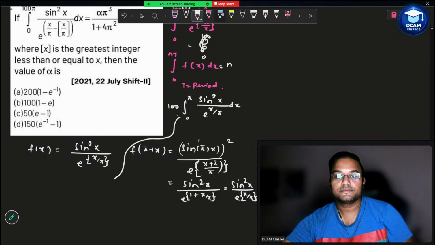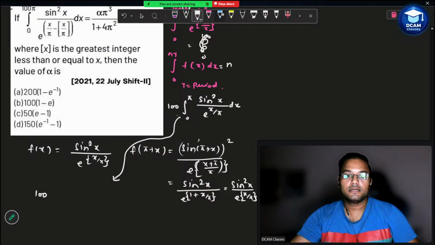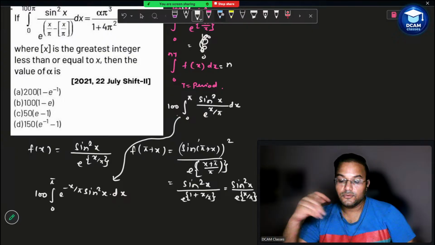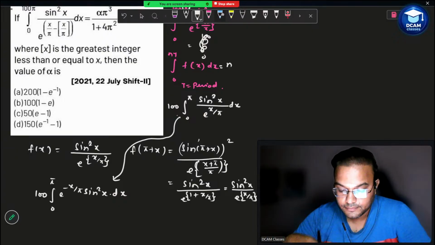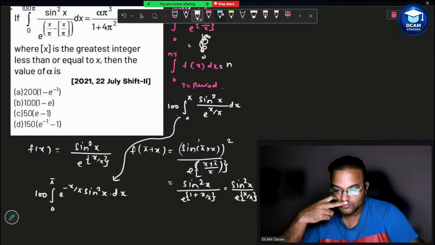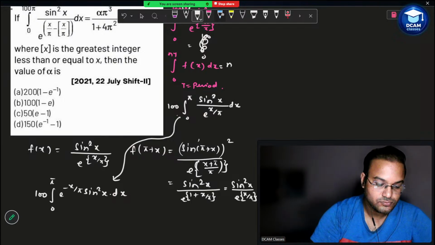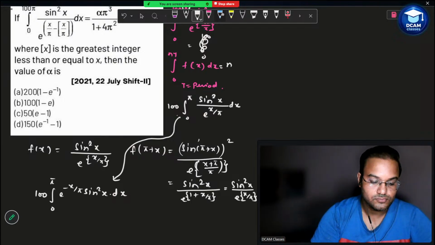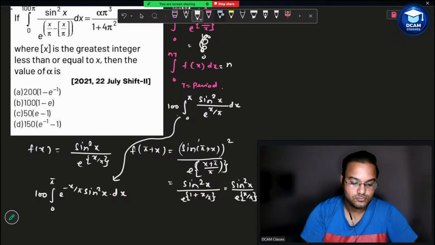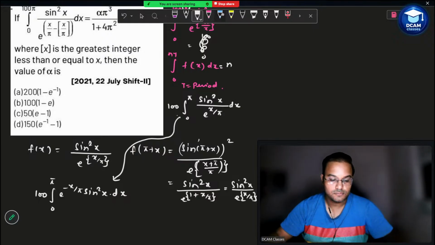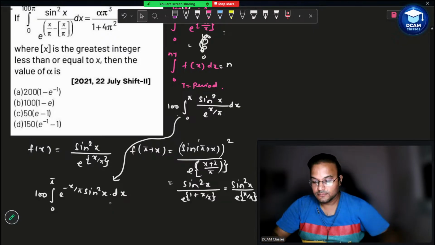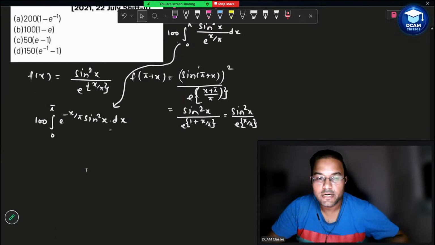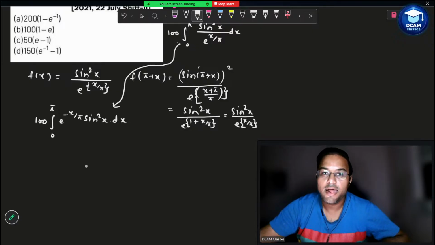That is 100 times the integral from 0 to pi of e power minus x by pi sine square x dx. How can you solve it? You can write sine square x as 1 minus cos 2x by 2.